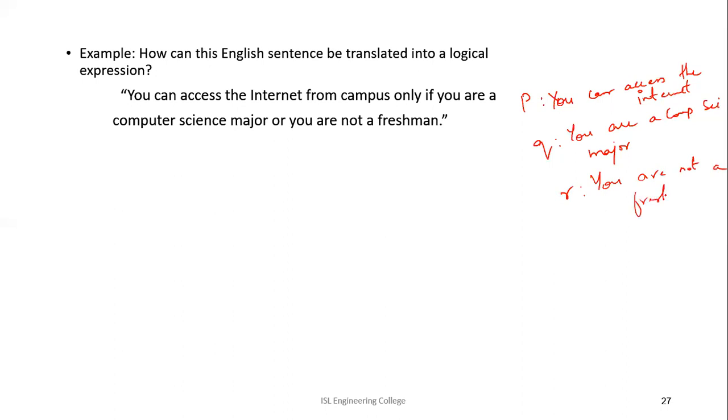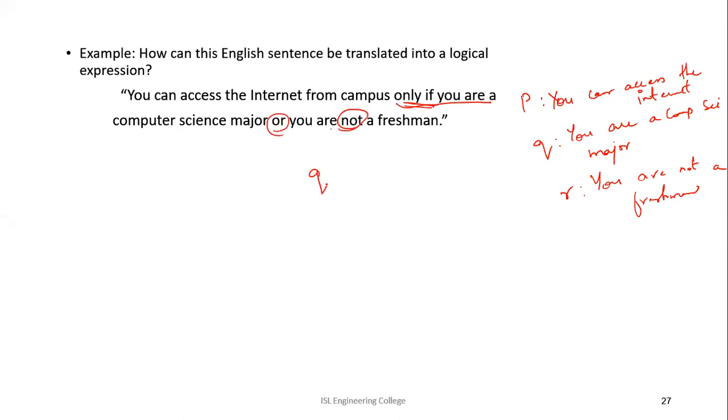Now for this statement to be converted into a logical expression, this is very simple. Here we have an "only if," and you can access the internet from campus only if you are a computer science major or you are not a freshman. This part can be done easily since we have an or and a not.